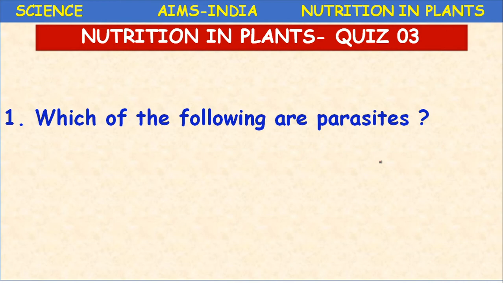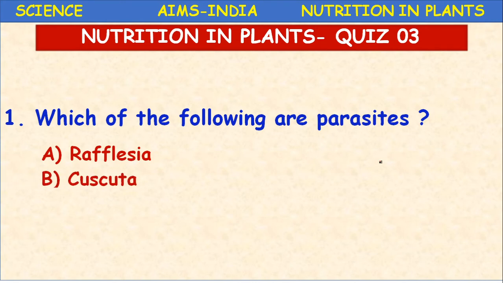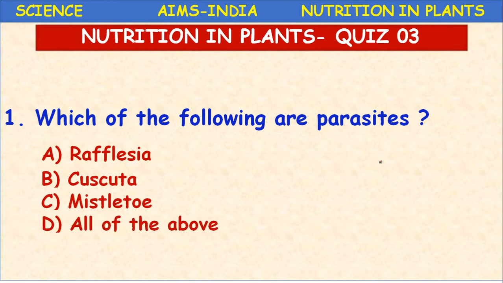Which of the following are parasites? Rafflesia, Cuscuta, Mistletoe, all of the above. Come on, children. Rafflesia is a total root parasite.